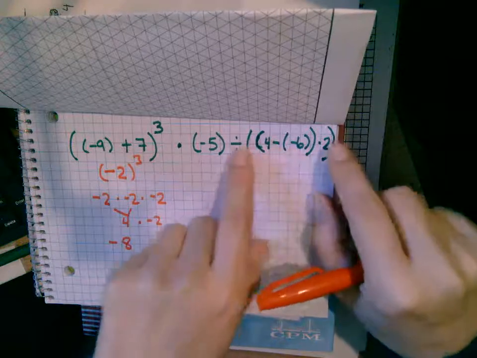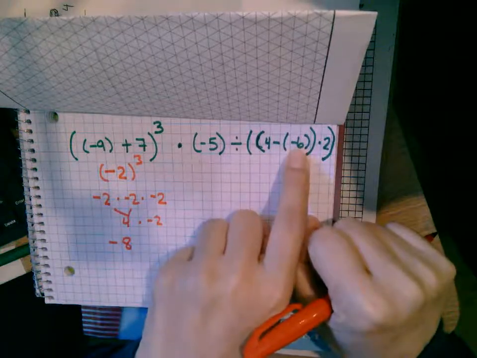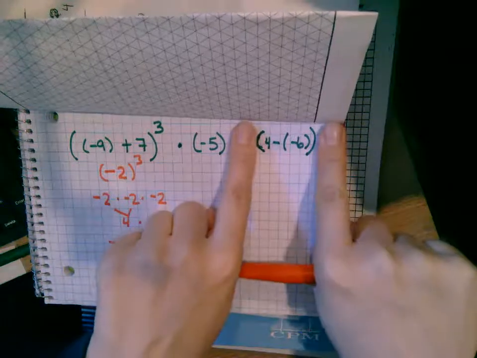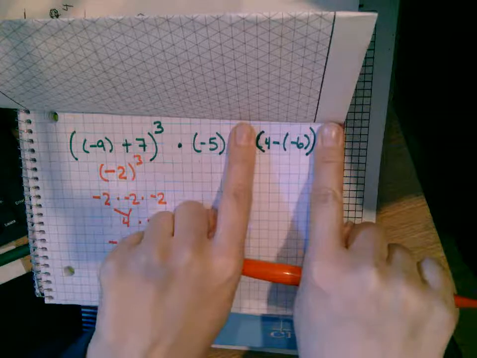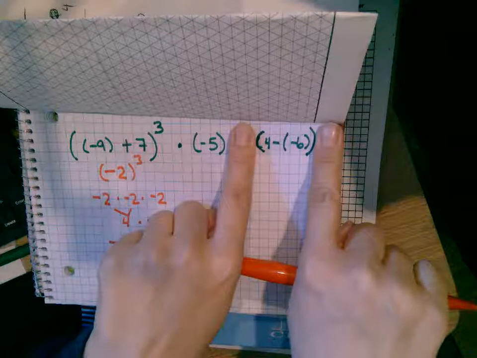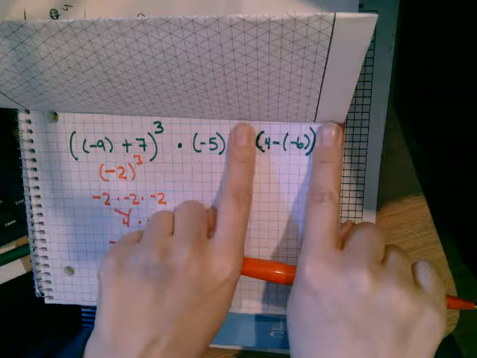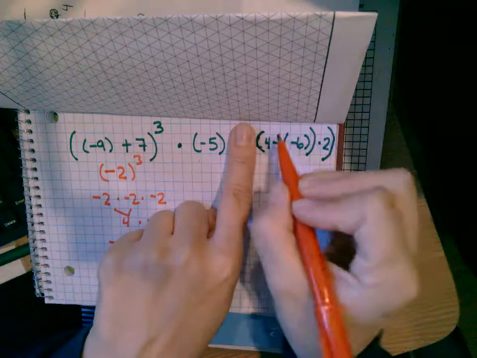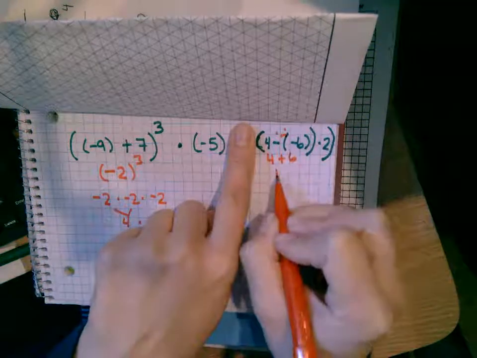Then I look at the next parentheses, that set says 4 minus a -6. So 4 minus a -6 actually makes me kind of sad. It would be 4 plus 6, which gives you 10.